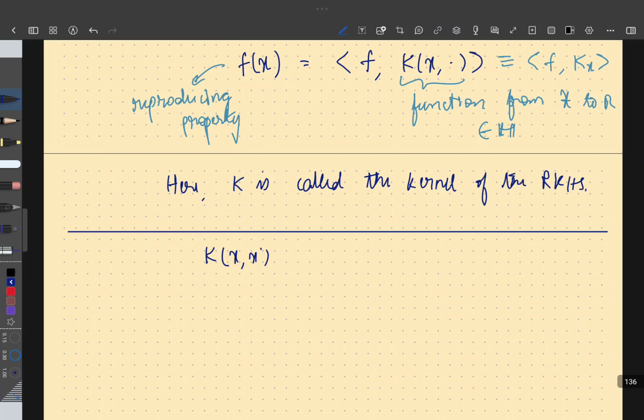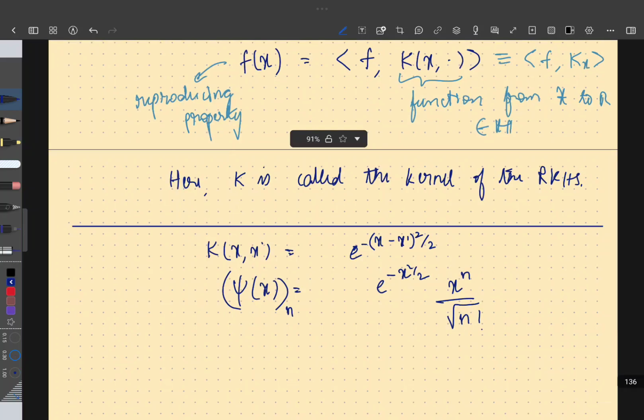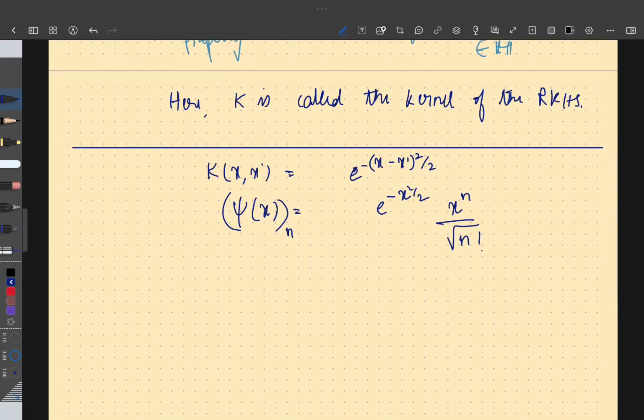So k of x, x prime is the Gaussian kernel, e to the power minus x square by 2, and for this, psi of x was an infinite dimensional vector, which was e to the power minus x square by 2, x to the power n divided by root n factorial.